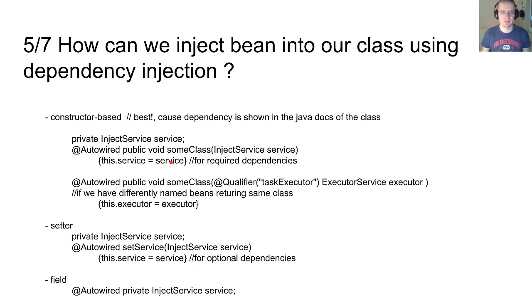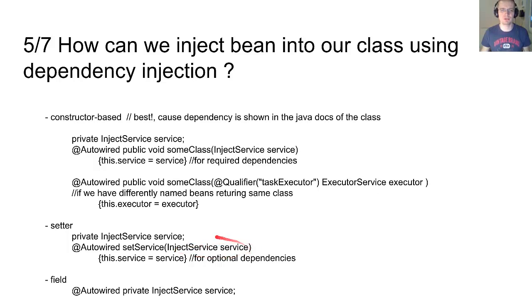We can also have the Qualifier annotation here if we have a situation where we have two beans returning the same class but with a different name. So the name in this case would be a task executor. And we also have the setter possibility to inject a bean into our class, but it's more likely used if we want to have an optional dependency.